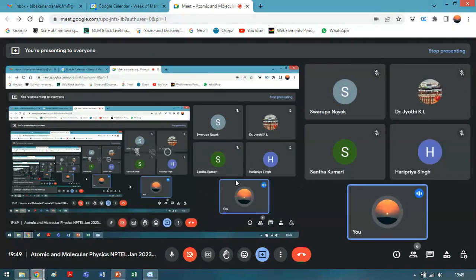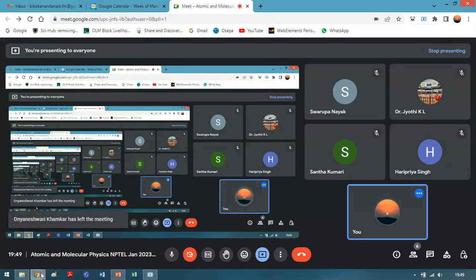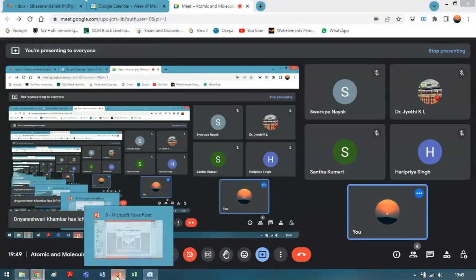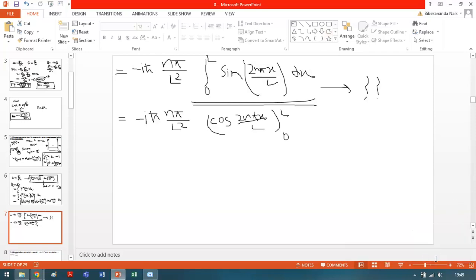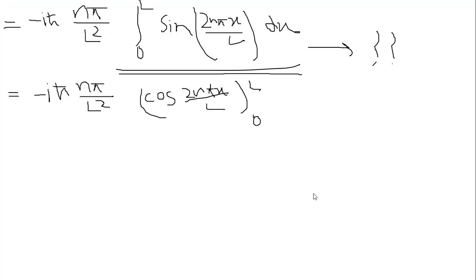So one of you is saying 0, so we can calculate and check. So when you calculate it, it will be cos 2n pi x by L into L by 2n pi.